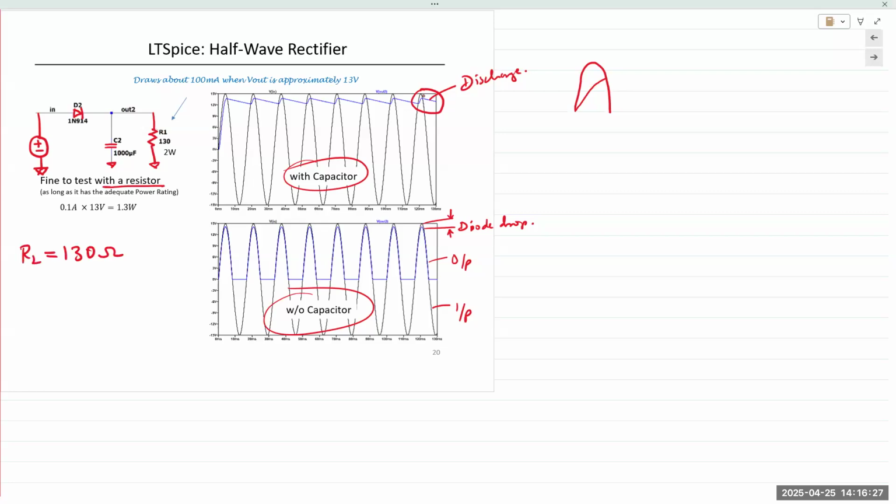If you use something smaller, like 10 ohms or 1 ohm or 2 ohms, this waveform, instead of being like this, which is for, let's say, 130 ohms, the charge and the discharge would be far quicker for something far less than 130 ohms.